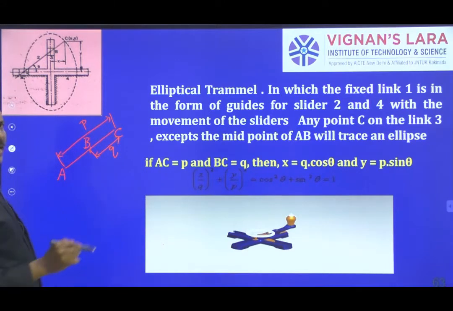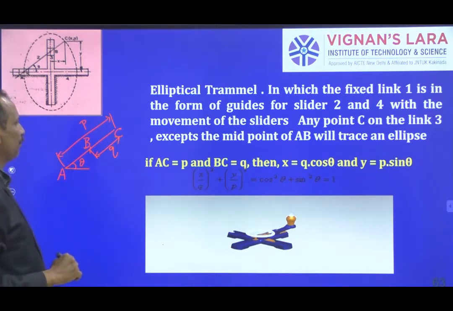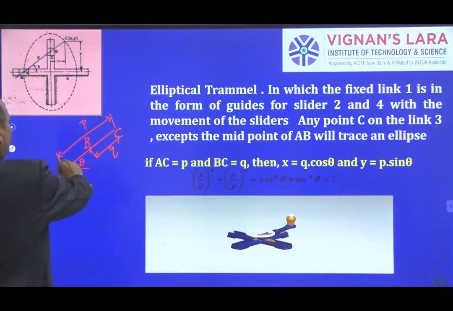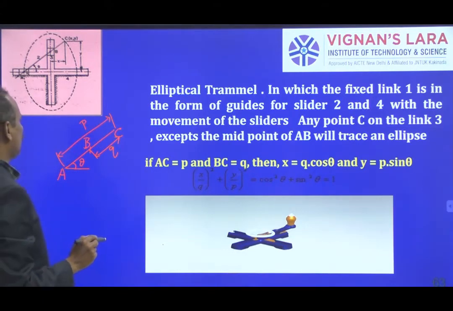This AC makes an angle theta with the horizontal. So I have taken ACP and BCQ. With simple geometry, we can write what is cos theta and what is sin theta.